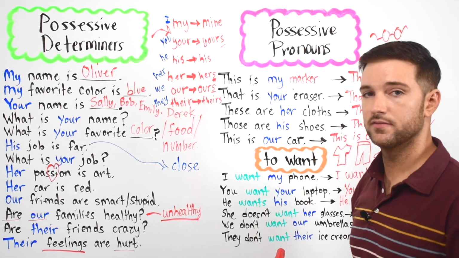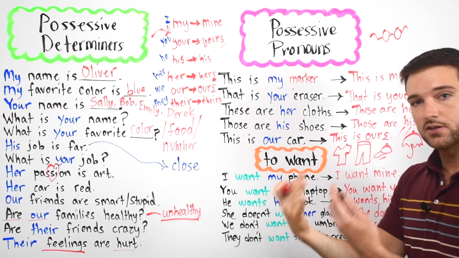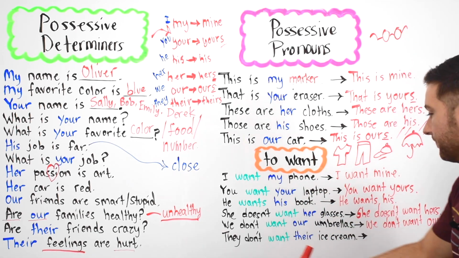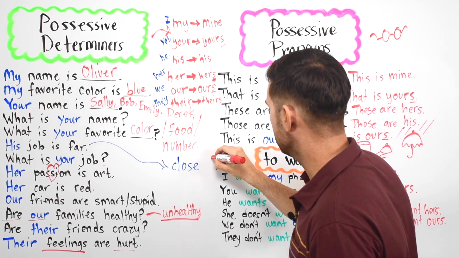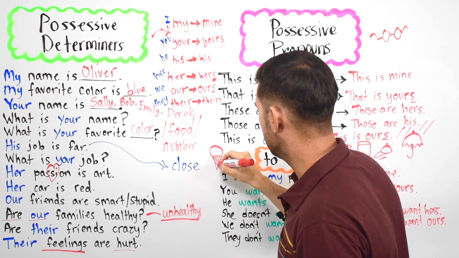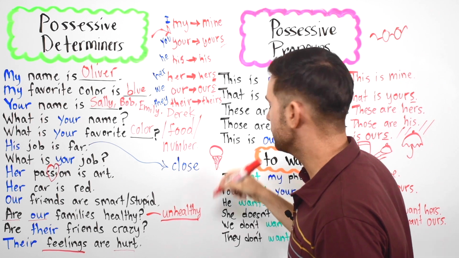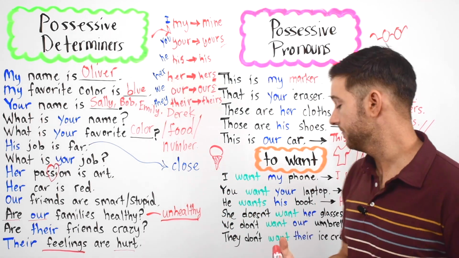Okay, possessive, okay, belonging, okay? The umbrellas belong to us. They are ours. Finally, we have they don't want their ice cream. And you know what ice cream is, right? Ice cream looks like this, and it's very cold, and you can lick it and you can eat it. Okay, ice cream, there's vanilla ice cream, there's chocolate ice cream, there's strawberry ice cream.